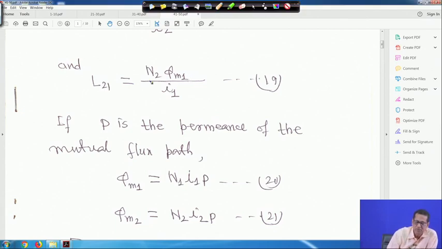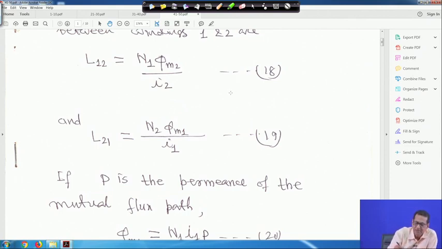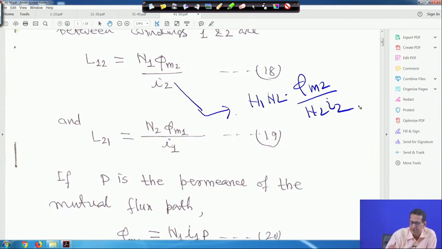In equation 18, if you multiply numerator and denominator by your N2, then you can write it as N1 N2, and then phi M2 by N2 into I2, right.